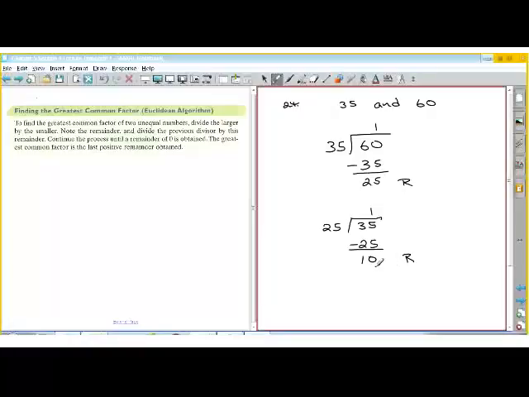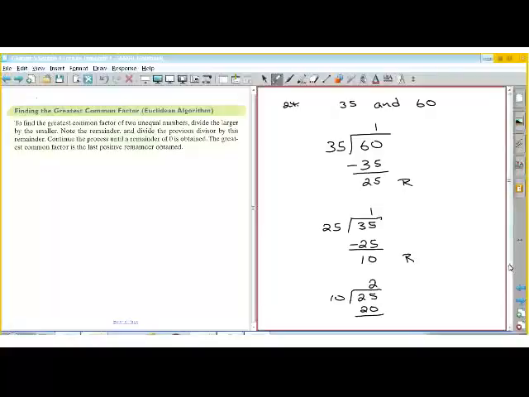So that's my remainder. It's not 0, so we keep doing it. Basically you have three numbers, but you compare these two. So you take the previous divisor and divide by the remainder. It looks like it's not going anywhere, but it'll work out. Have faith.